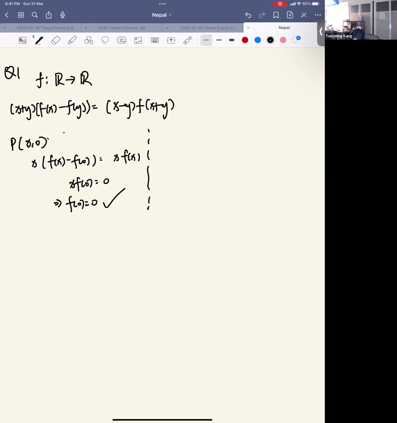So maybe we try choosing a, b such that f(a) equals f(b). Now what would that give you? That just gives you that f(a plus b) is equal to 0, right? But is that really helpful?